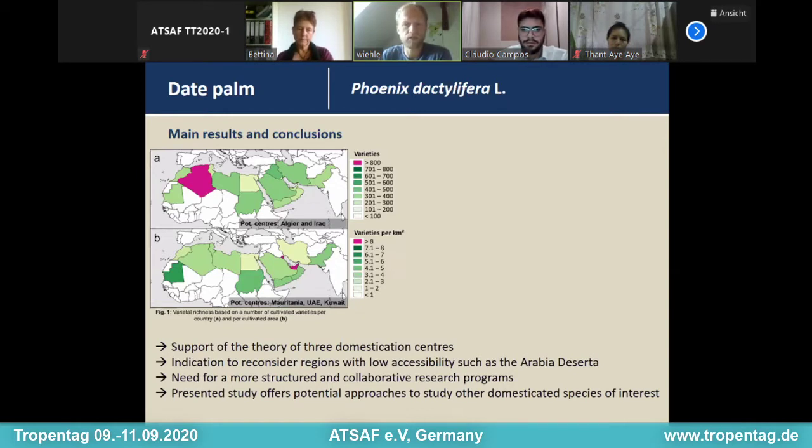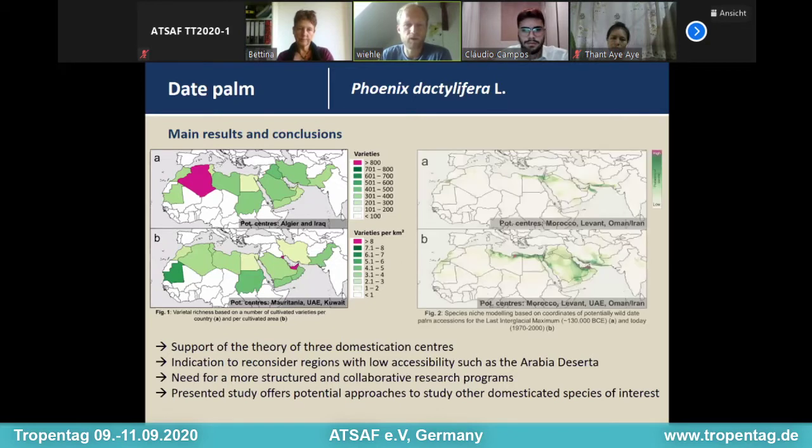Species niche modeling reveals 3 centers of date palm origin across all available climate periods, that are Morocco, so again Northwest African regions I present here, the Levant around Egypt, Israel, and the Persian Gulf coastal regions.